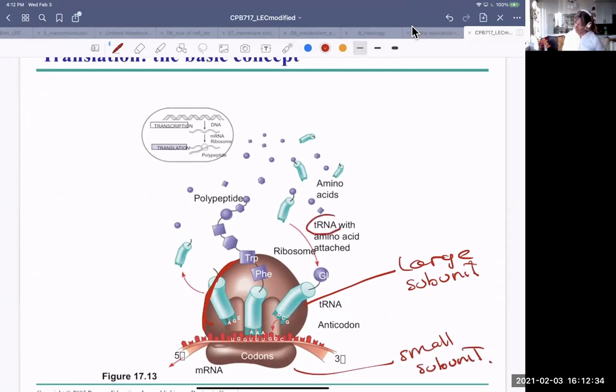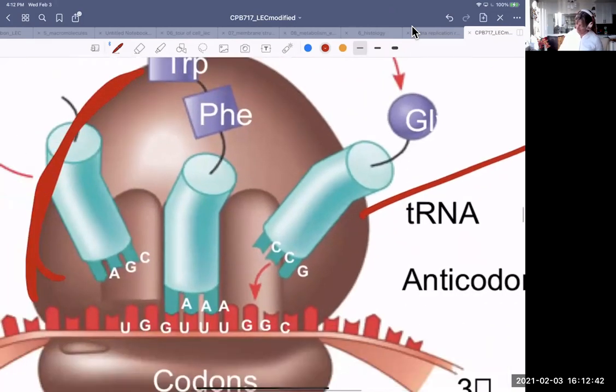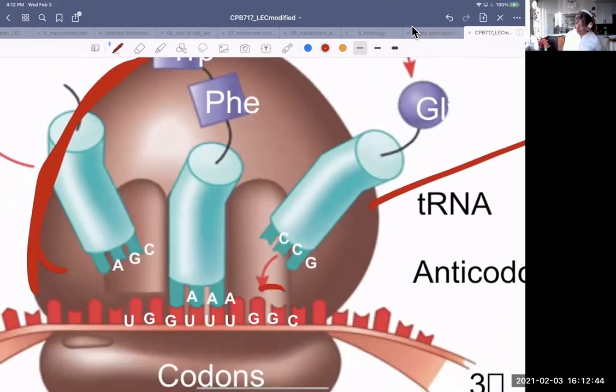Here's our transfer RNAs. They carry the amino acids. And they bring the amino acids and temporarily bind to the messenger RNA. And they can do that because this is called a codon on the messenger RNA.